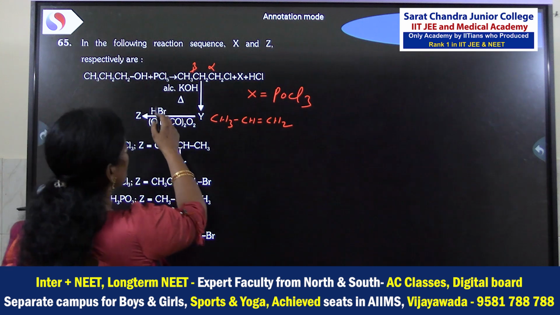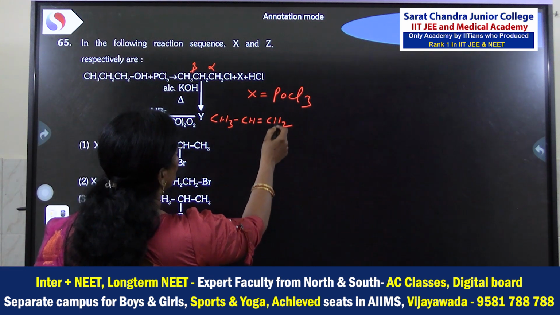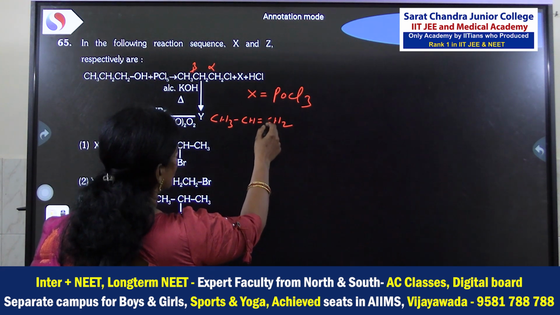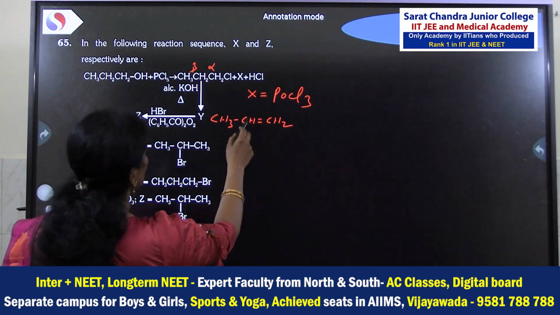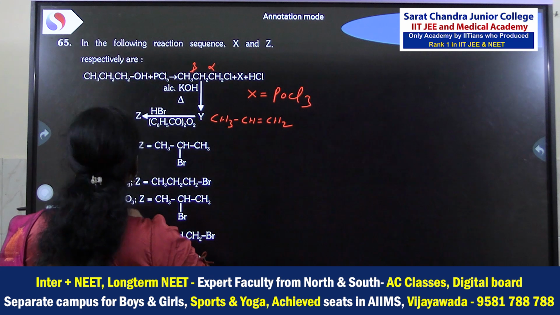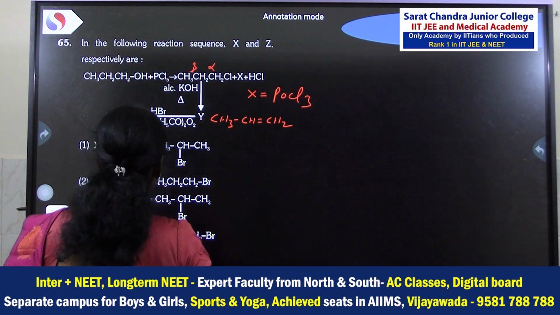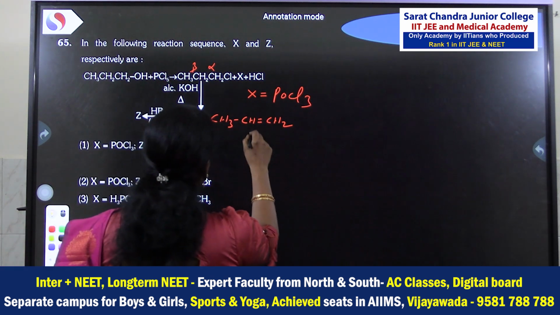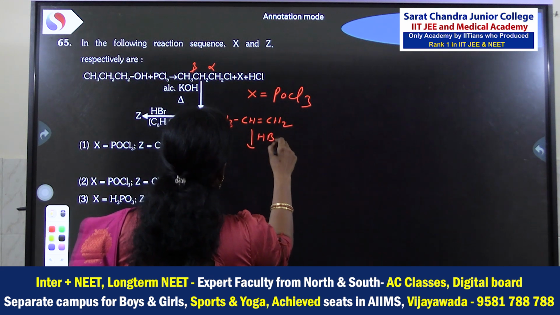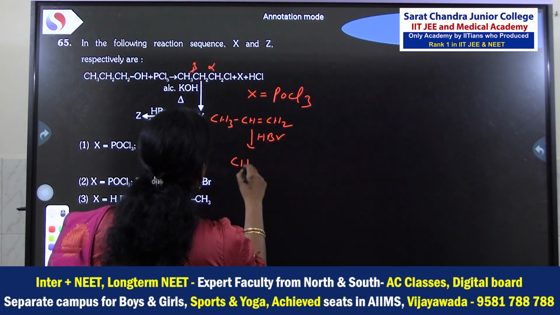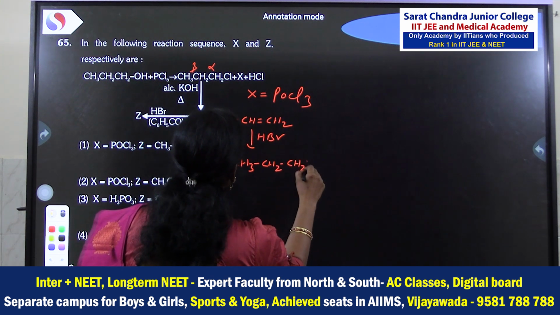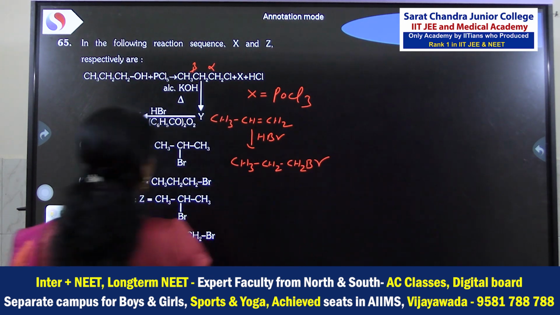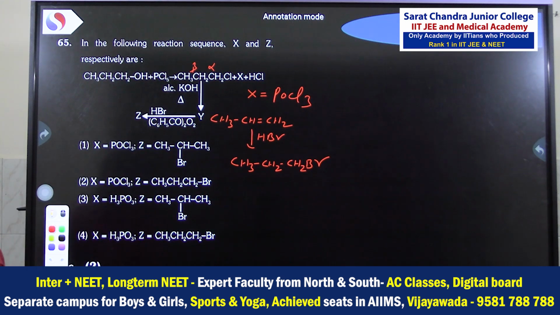So Br is attached to the first carbon with 2 hydrogens, and hydrogen is attached to the second carbon. So the product Z, when treated with HBr in the presence of peroxide, is CH3CH2CH2Br. So 1-bromopropane.